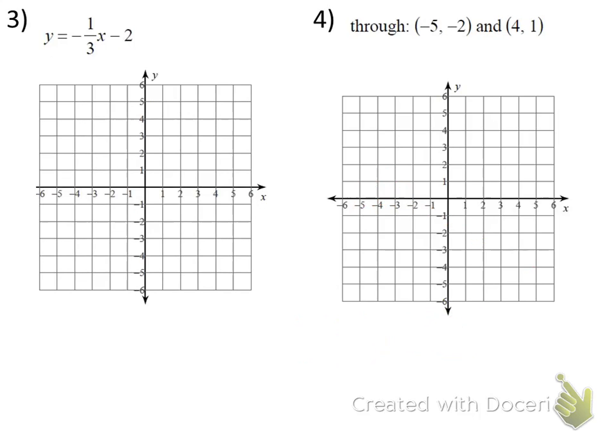I want you to graph it on your whiteboards. The other half of your whiteboard is graph paper, so just do it on there. Ready, set, go. So your y-intercept's at negative 2.